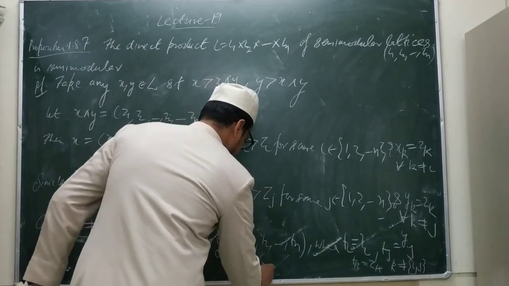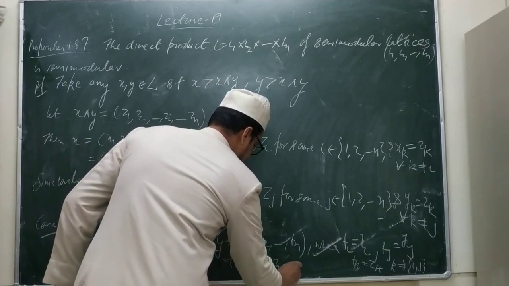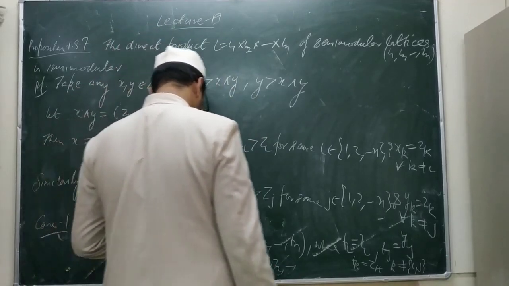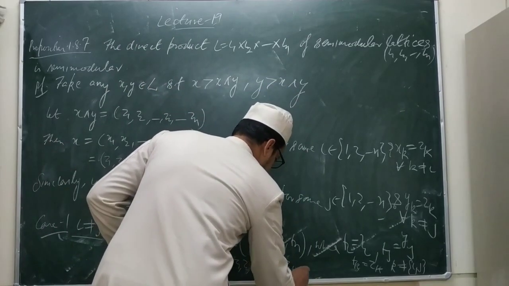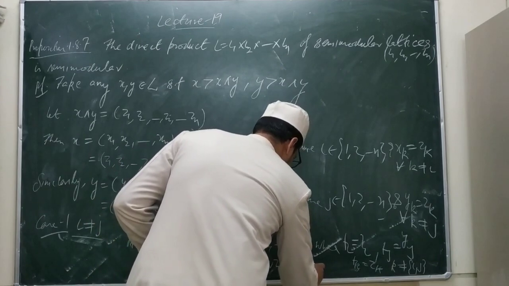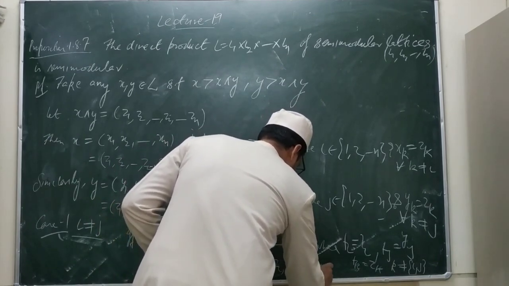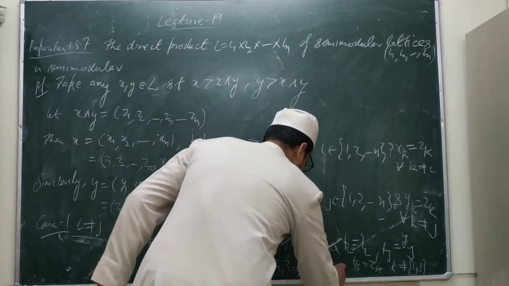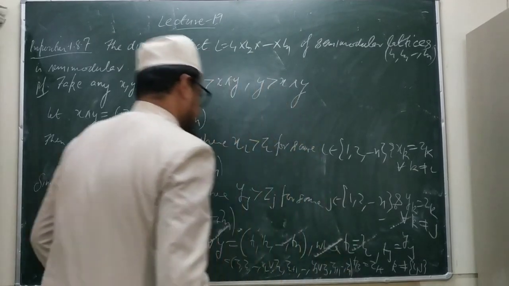It will be z1, z2, and at the ith place it will be like this: x1, xi join zi, and at the jth place, next one will be zi plus 1, and at the jth place it will be yj join zj, zj plus 1, and this is zn, like this.